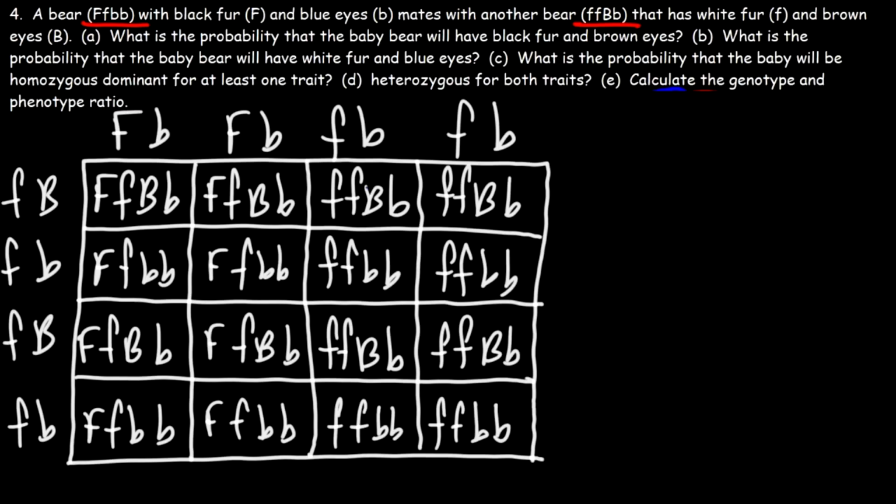So black fur is capital F. All we need is just one capital F. So let's identify every genotype that will show up with the black fur physical characteristic. All we need is just one capital F, and the bear will have black fur. Now, let's identify all the bears that will have brown eyes. So all we need to identify is at least one capital B.